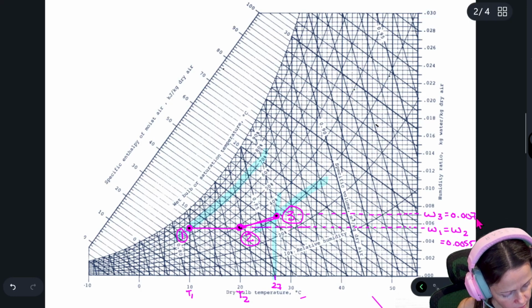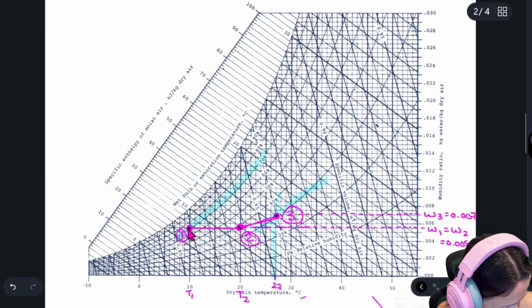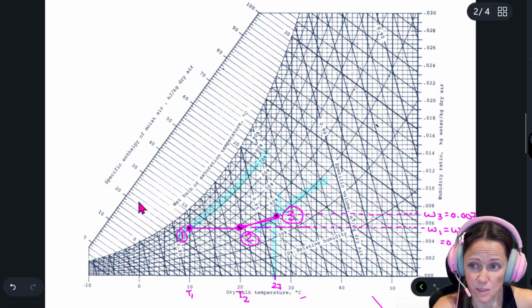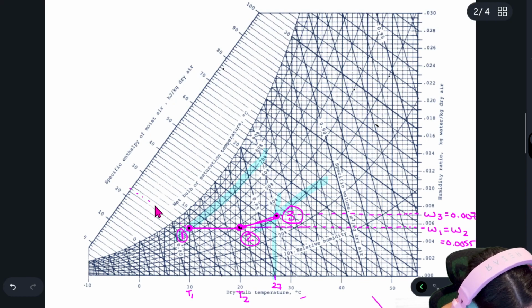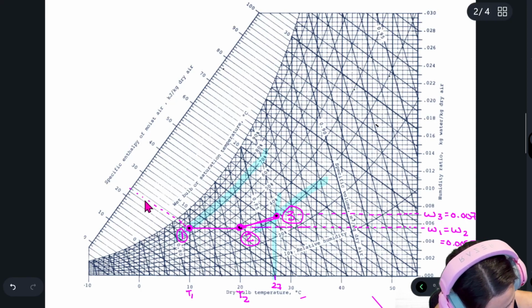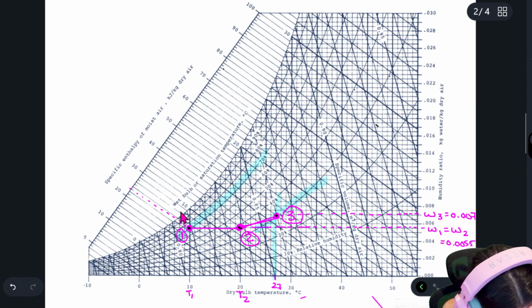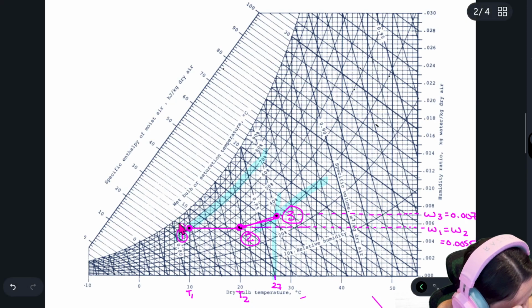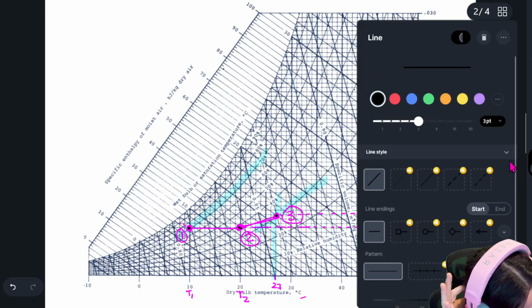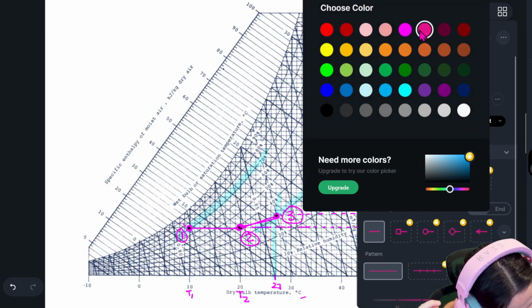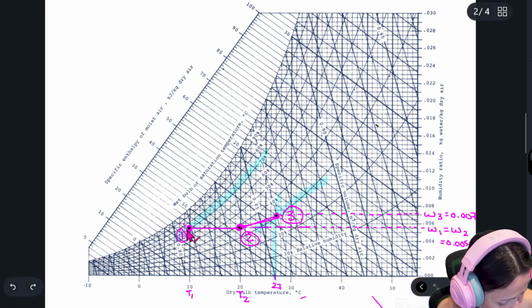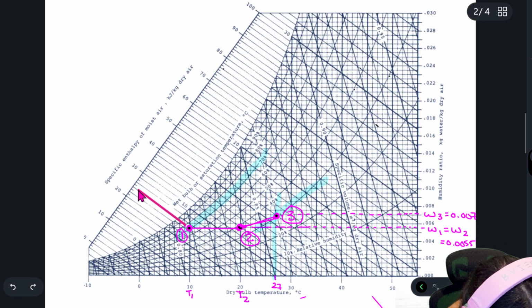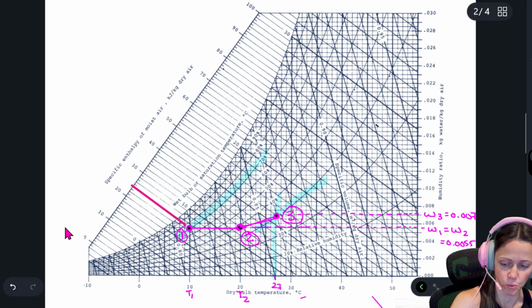Okay. And then I'll probably need the enthalpies at some point, so might as well. I can't see very well, so let's use this. Okay, maybe like 24, I'd say.